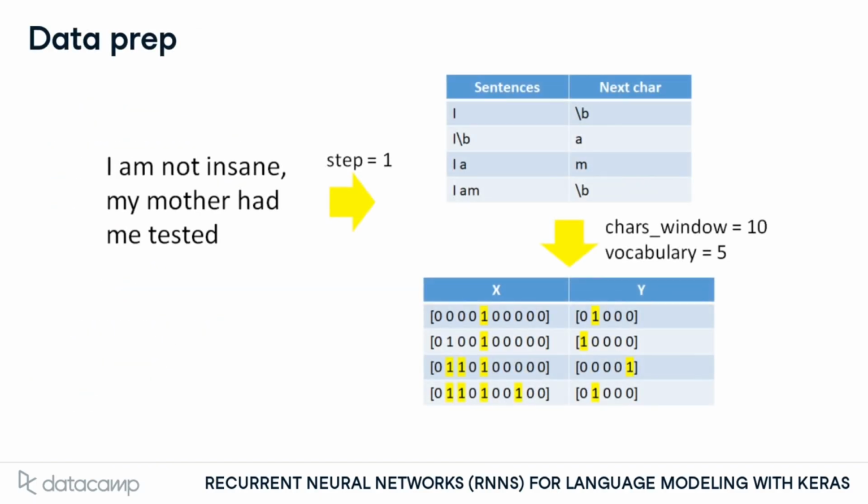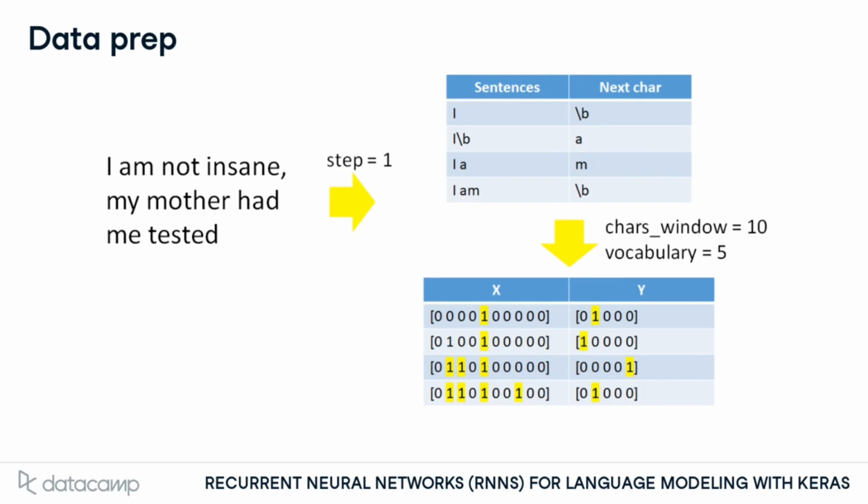To prepare the data for text generation tasks, we need to transform text into a sequence of indexes as usual. We will use characters as tokens for text generation. Then, we need to create the data for supervised learning, meaning that we keep a sequence of characters in X and the next character in Y. We pad the sequences in X to have the same length.